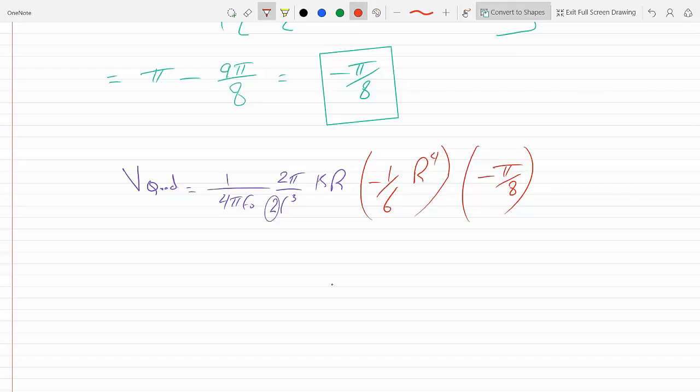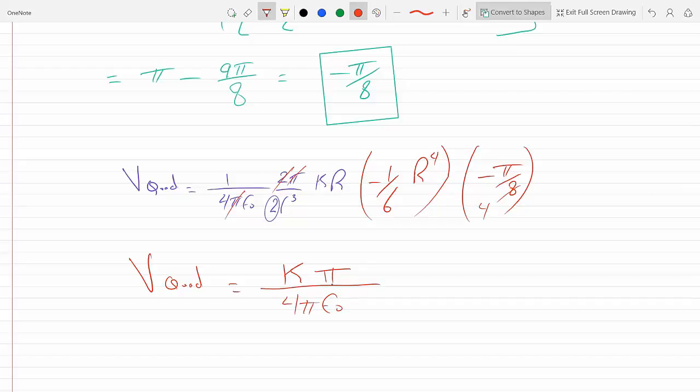So, right? So we get V quadrupole equal, let's see, we have R to the 4 and R, what's that? R to the 5. And then pi goes away with pi. The 2 can simplify this to 4, minus minus plus. So this becomes K pi, right? K pi, we have 1 over 4 pi epsilon.